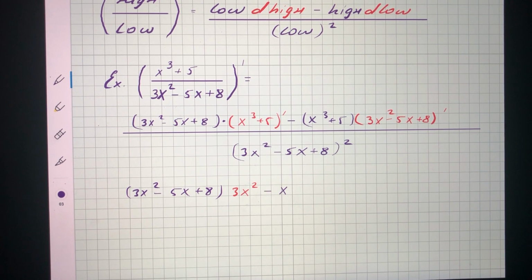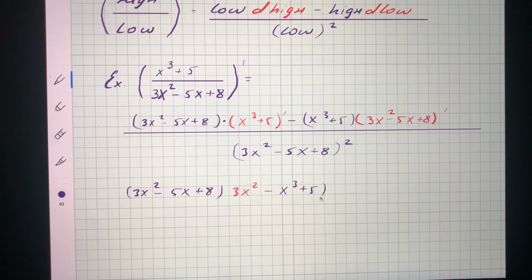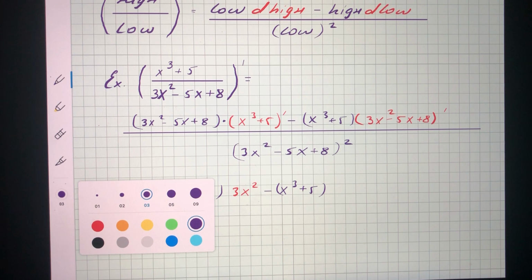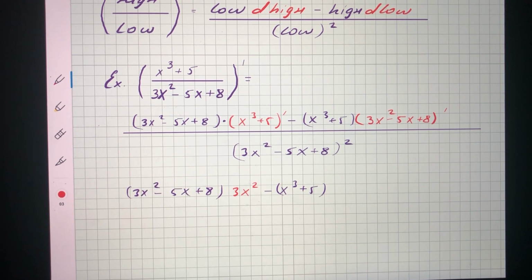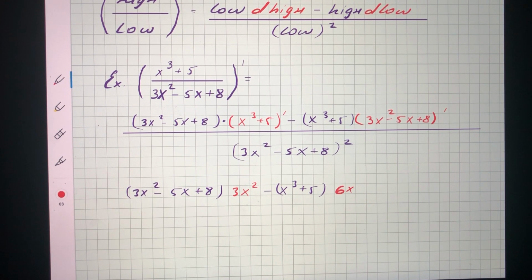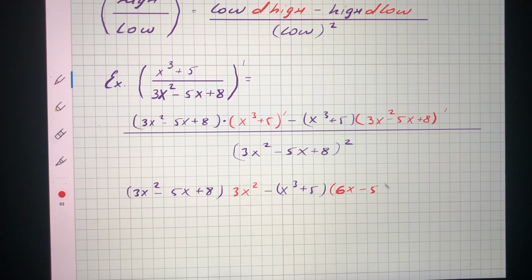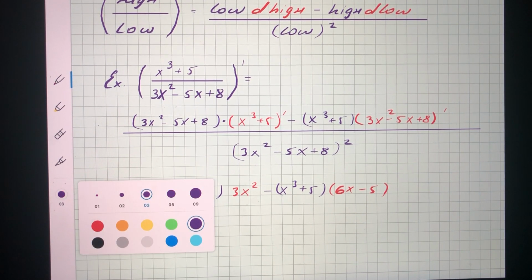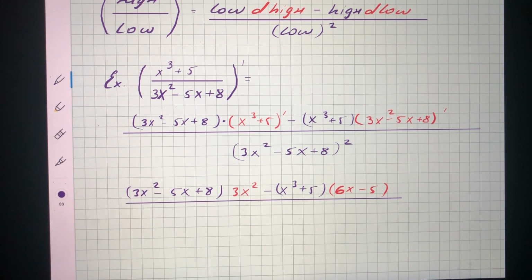Minus x cubed plus 5 times, now here we have the derivative of 3x squared, which is 6x. The derivative of negative 5x is negative 5. The derivative of 8 is 0. And now we copy the bottom piece and we are done. 3x squared minus 5x plus 8 squared, and that's the end.